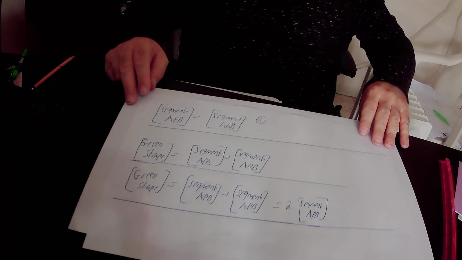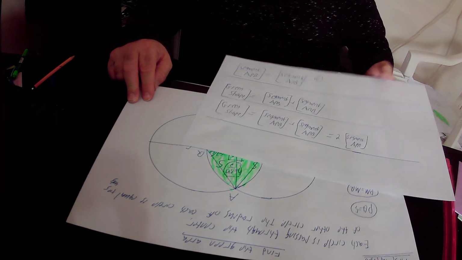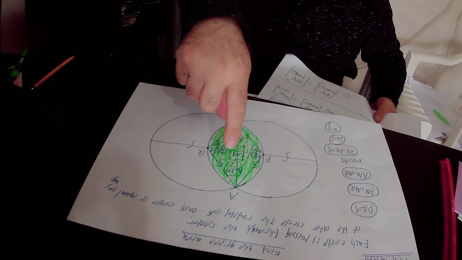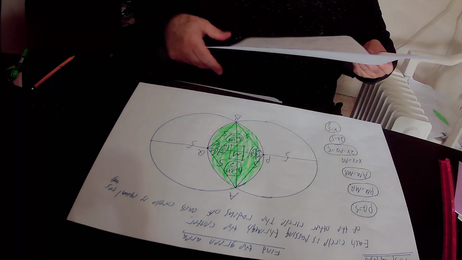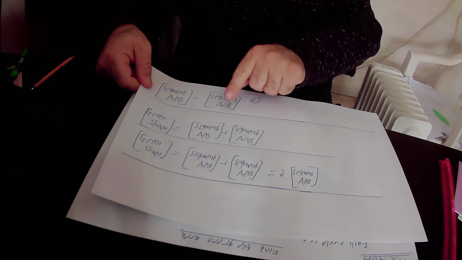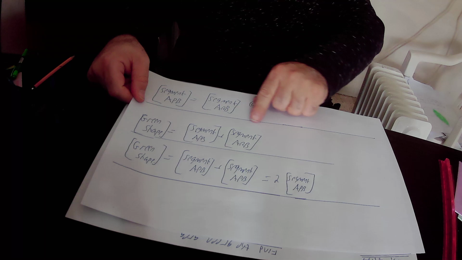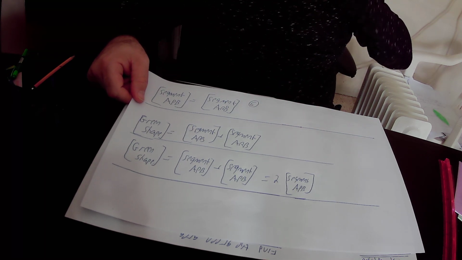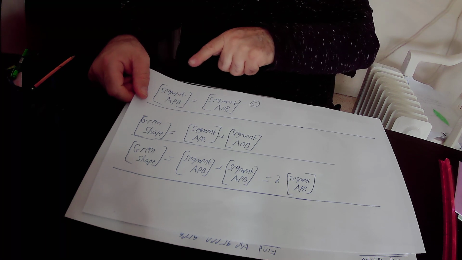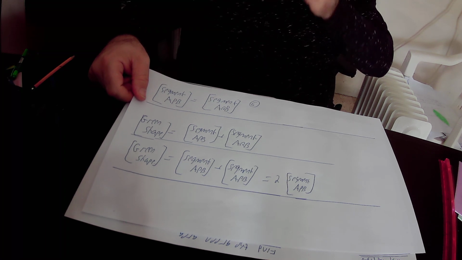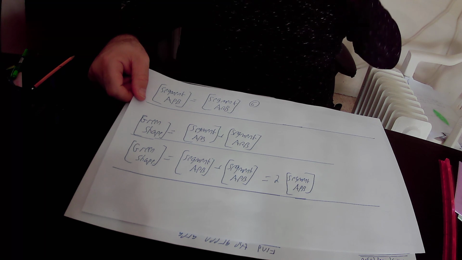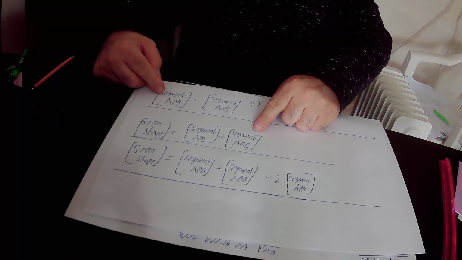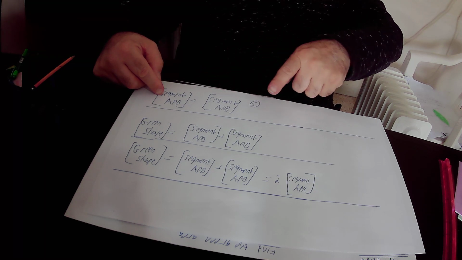So what is the area of the green shape? The area of the green shape equals the area of segment APB plus the area of segment AQB. But because the area of segment APB is equal to the area of segment AQB, we can substitute the area of segment AQB by the area of segment APB because they are equal to each other.